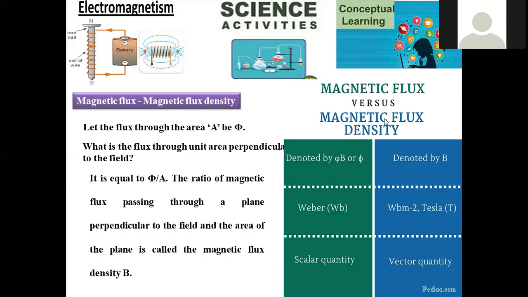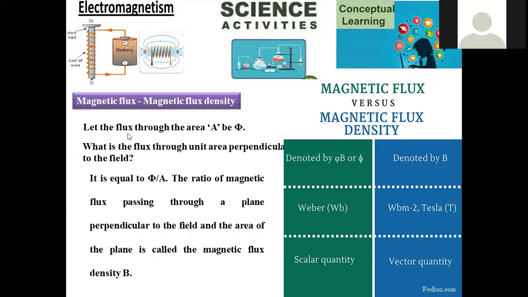Magnetic flux is a scalar quantity. A scalar quantity is nothing but a measurable quantity. We can scale it and identify the quantity. So measurable quantities are called scalar quantities, and magnetic flux density is the vector quantity.